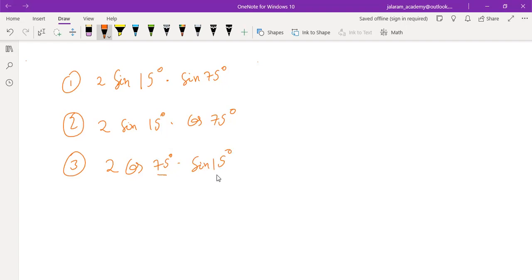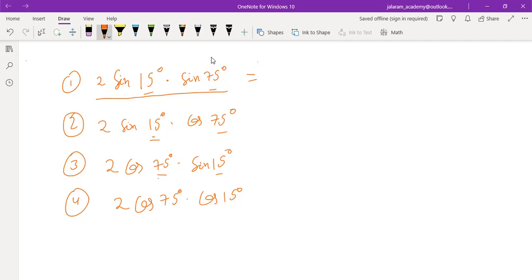We all know that 15 degree and 75 degree are not standard angles. So how to find them? To find the first one, which formula must we use, and what will be the value?